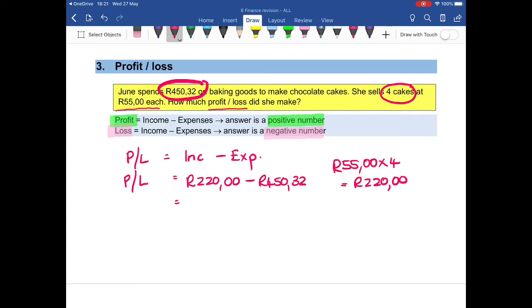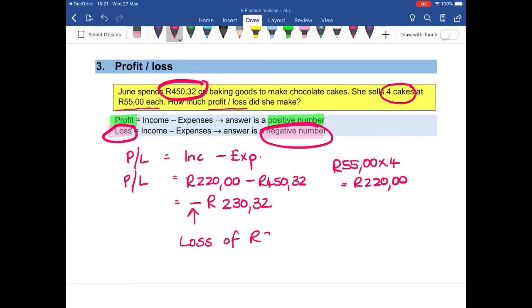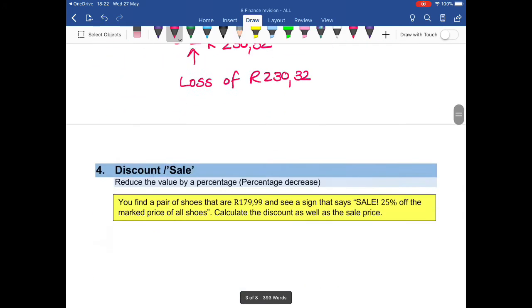If I subtract those, you will get a minus value, and it's 230.32. Now remember, a loss is a negative number, so she made a loss of 230.32. Maybe she didn't use all the ingredients.